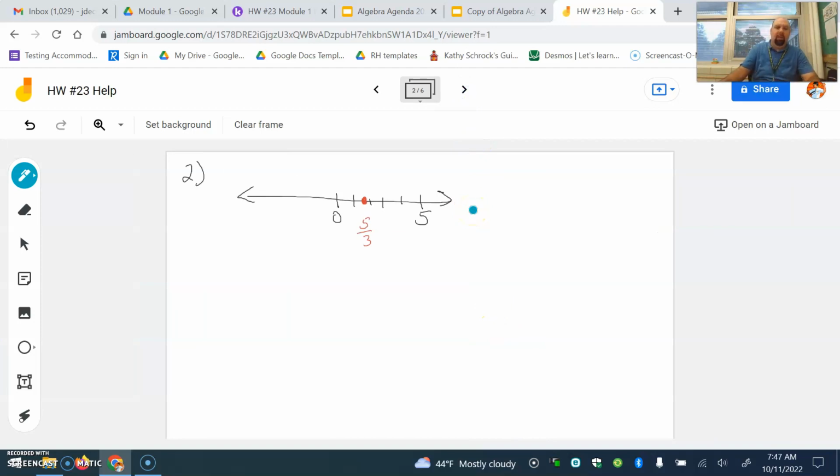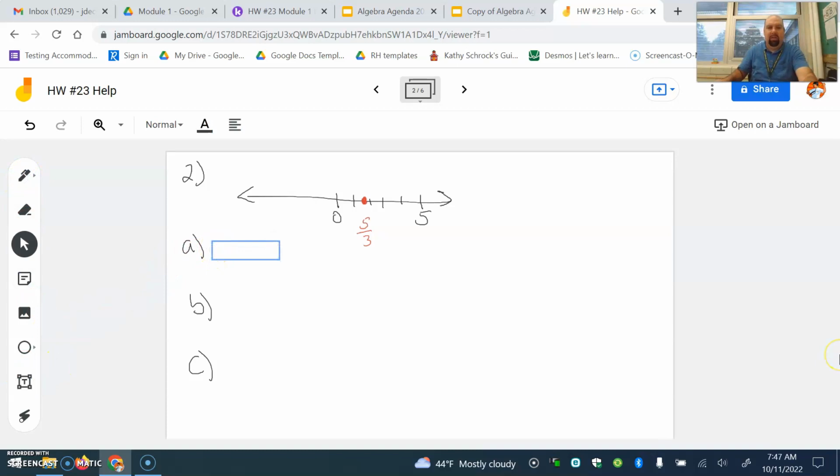Problem 2. This time we have a shaded dot over the fraction 5/3, which, if you want to turn that into a mixed number, is 1 2/3. That's fine.